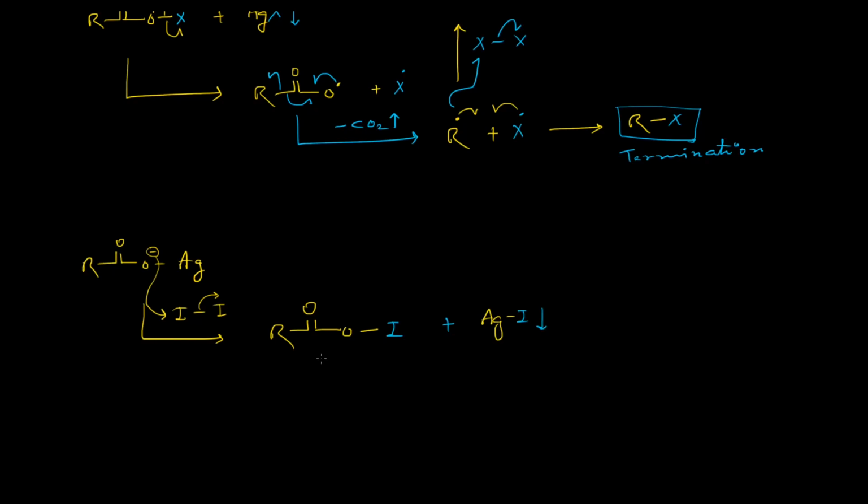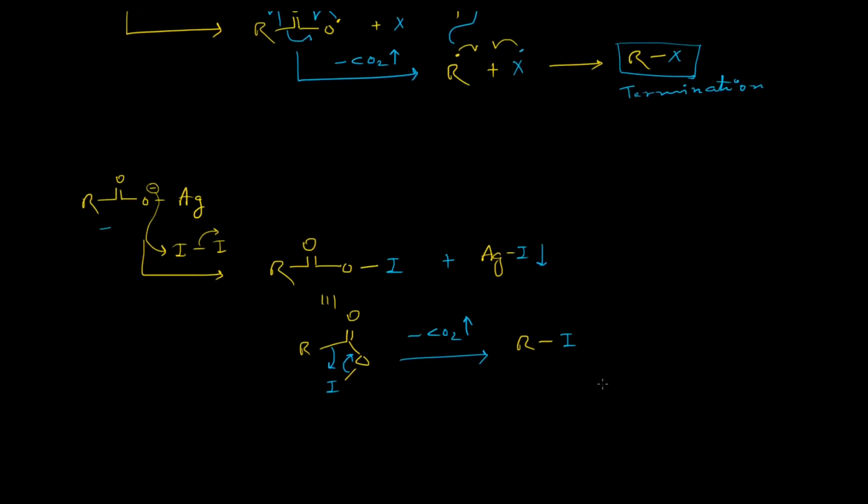And these species will then undergo an intramolecular reaction where decarboxylation will take place along with the formation of the alkyl iodide. But unfortunately, this alkyl iodide will react with another molecule of silver carboxylate like this.